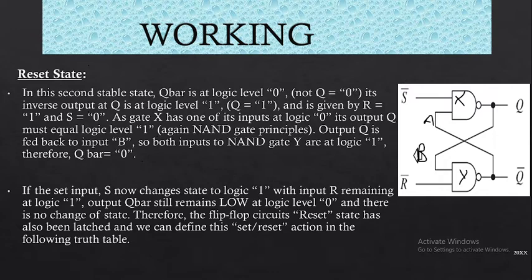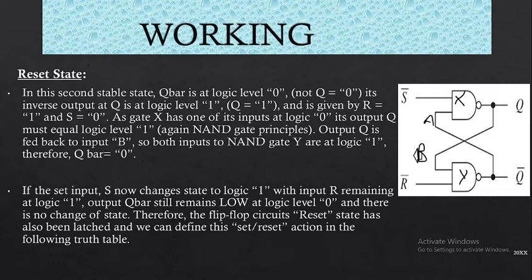So for the X NAND gate, the input logics are 1 and 0. Because one of the inputs is 0, the output of the X NAND gate becomes 1. That means here Q becomes 1.